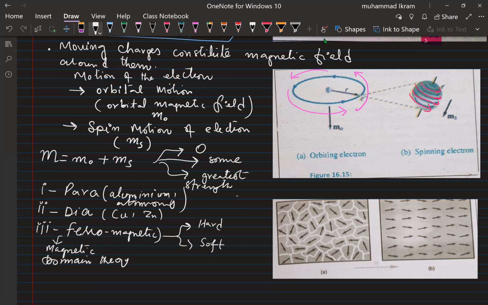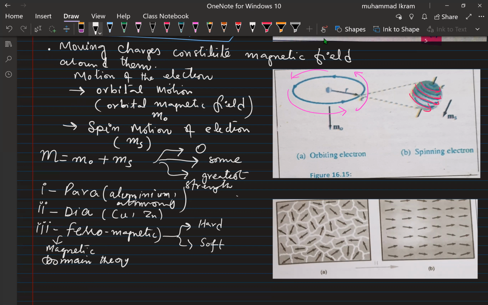Diamagnetic substances have no response whether the magnetic field is weak or strong. Ferromagnetic substances, once magnetized, remain magnetized even when the permanent magnet is removed.